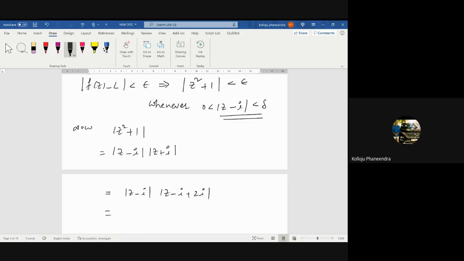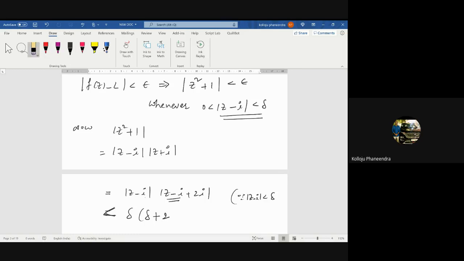Since mod z minus i is less than delta, this part is less than delta. And this part is over. The other factor is also less than delta plus 2.